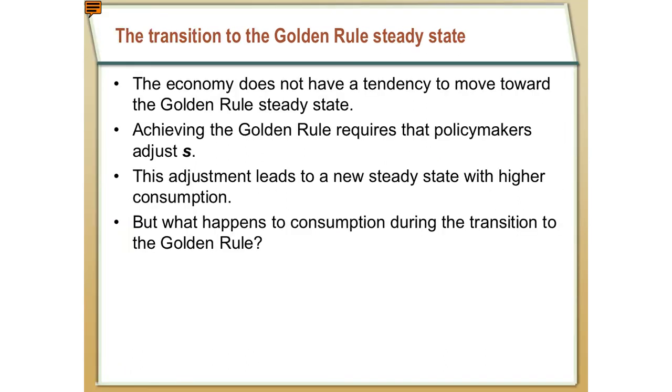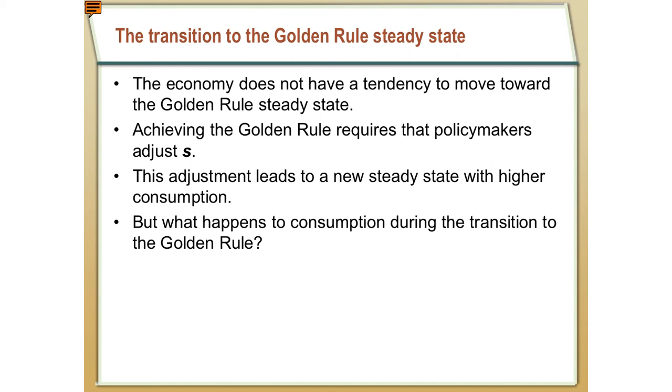So I don't want you to get too caught up in the golden rule stuff here, but I do want you to know that there is a particular savings rate that will maximize consumption, but it is important to know that the economy does not have a natural tendency to move towards this golden rule. So this is not like an equilibrium condition that the model's going to gravitate towards over time.